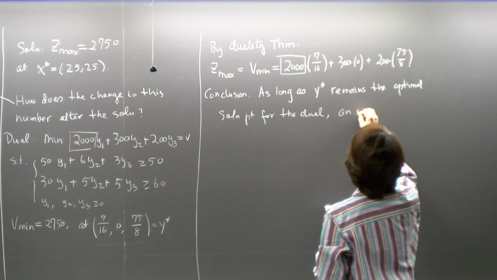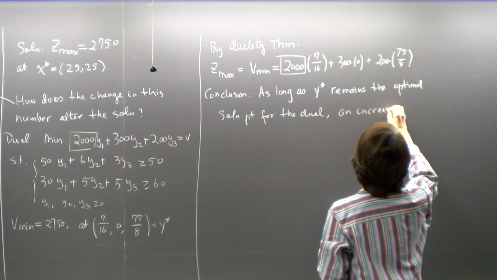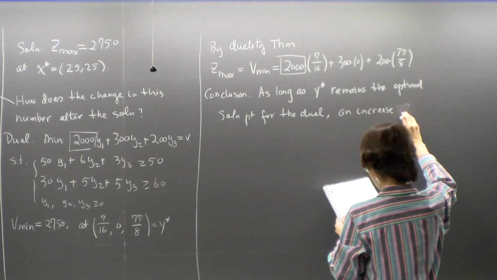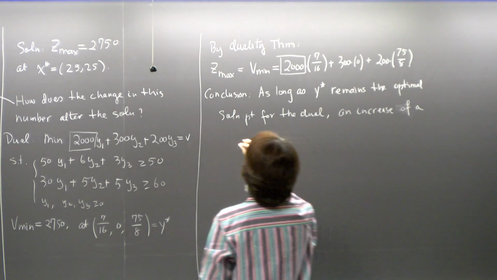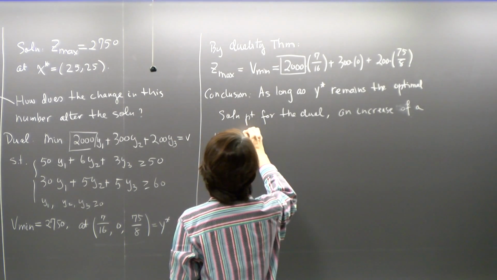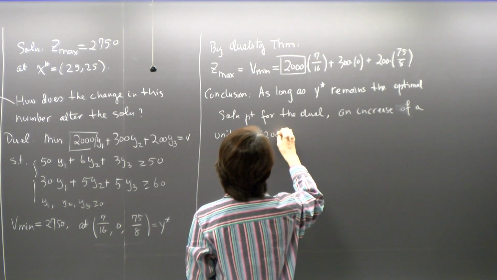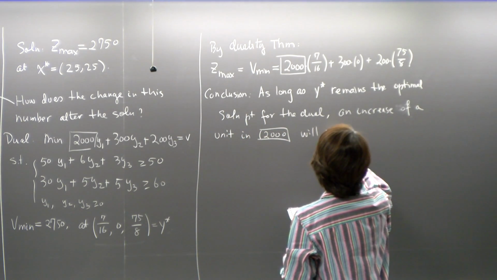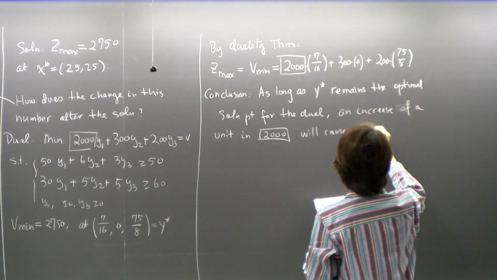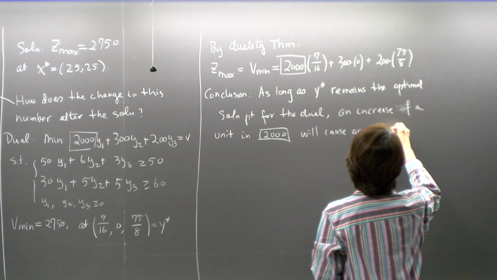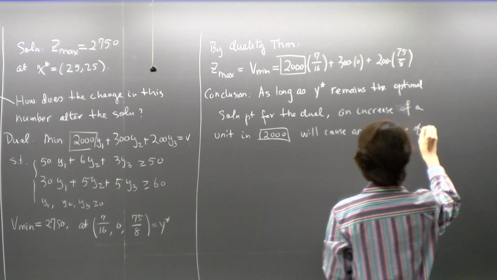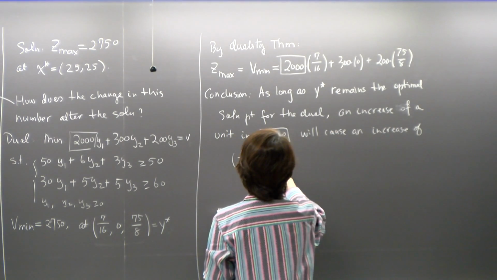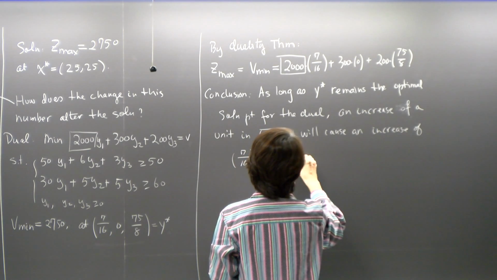So, an increase, let's say, oh, so it's very silly, this wording, of a unit size in this number 2,000, this number here, if I make a little change there, will cause an increase of 7/16, that much amount in the Zmax.